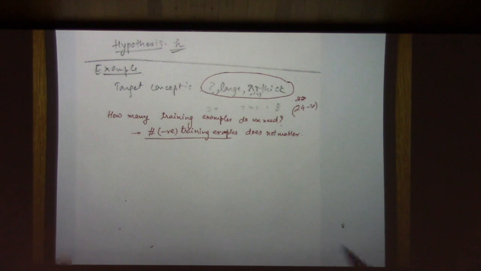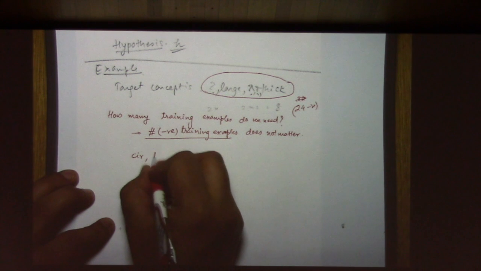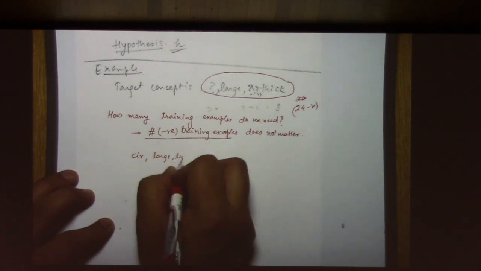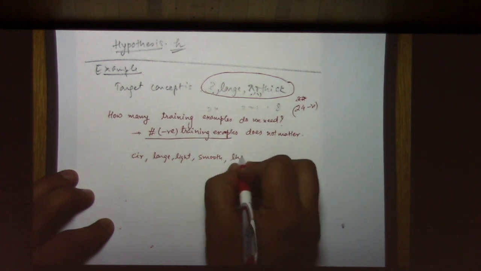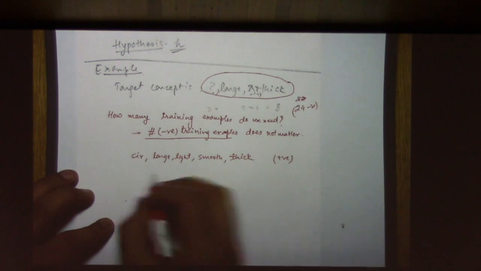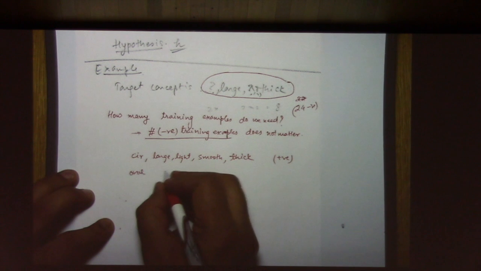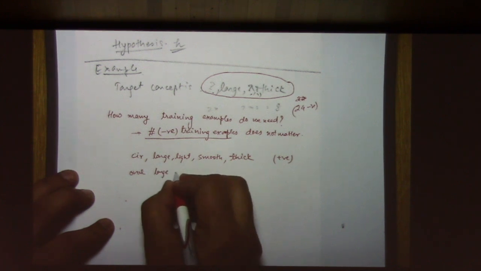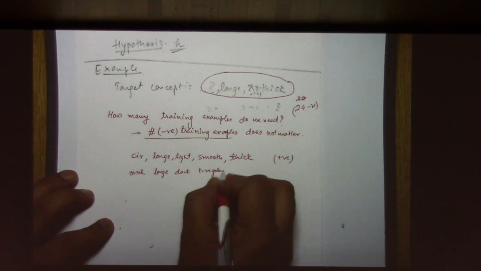Let's say your first positive example was this: circular, large, light, smooth, and thick. So that's positive, which means it's malignant. And the second one is oval, large, dark, irregular, and thick.